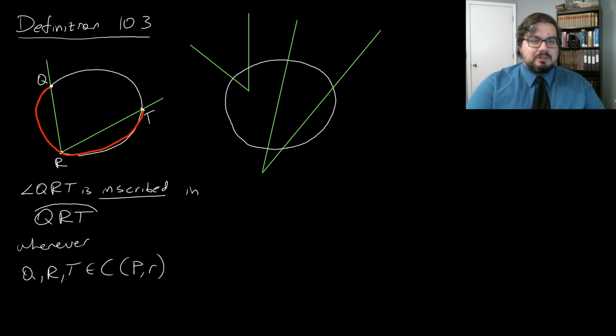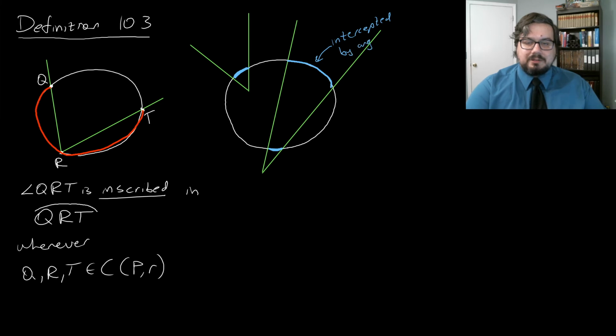Now in this case, we want to look at certain arcs in this problem. Look at this arc here, and this one down here. These are all arcs that we're going to say are intercepted by these angles.